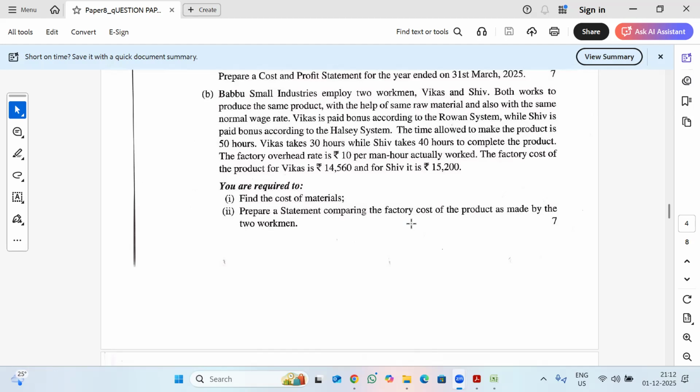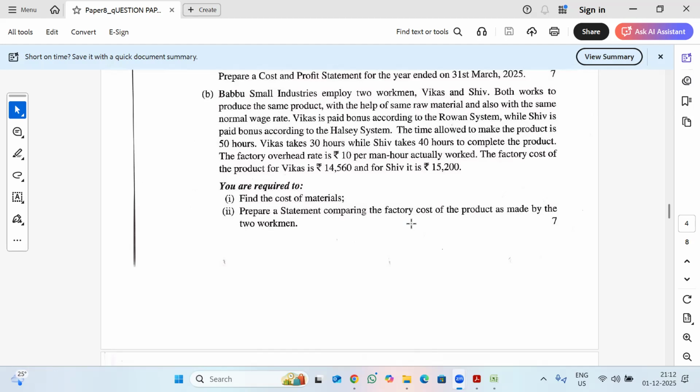This is a simple question, but how will we calculate factory overheads? We need to calculate prime cost, that is materials plus labor. Here in this question we don't have materials, and we don't know our labor cost, because we need to calculate it based on the Rowan system for Vikas and the Halsey system for Shiv.